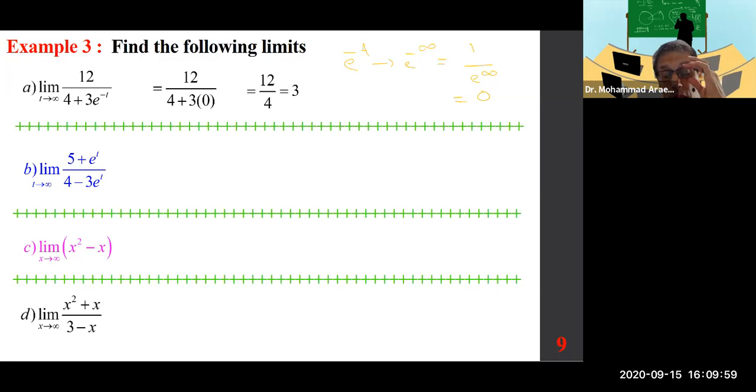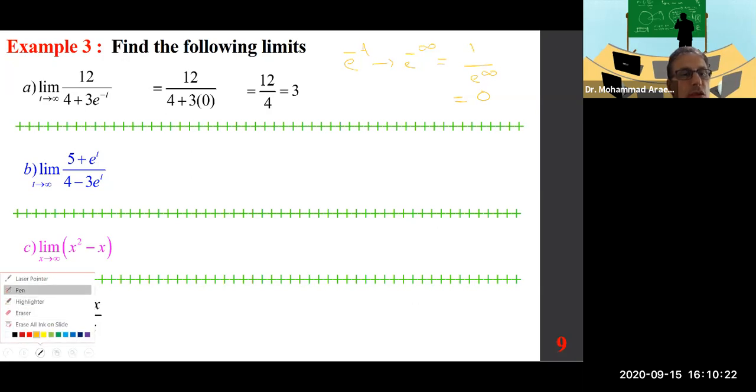So what is the technique? This is not a rational expression. But what technique did we use with rational expressions? It is very simple. We said we divide by highest degree term in the denominator. In this case, we divide by the highest value in the denominator, which is e to the power of t. So we are going to divide the top and the bottom by e to the power of t.